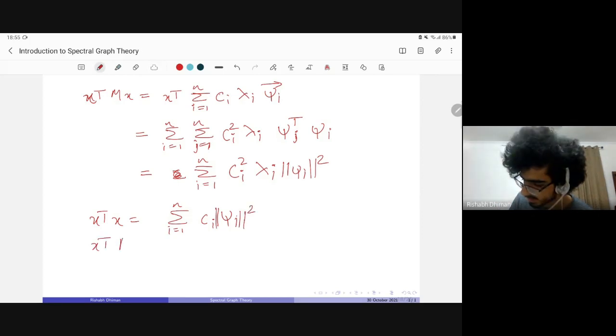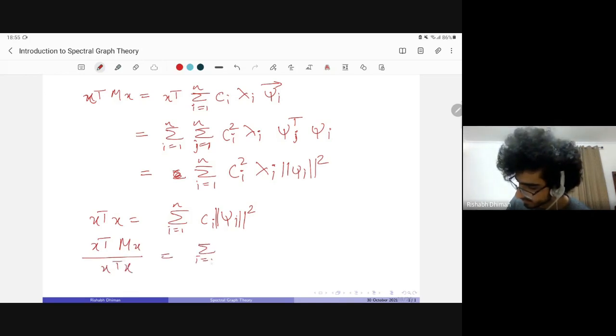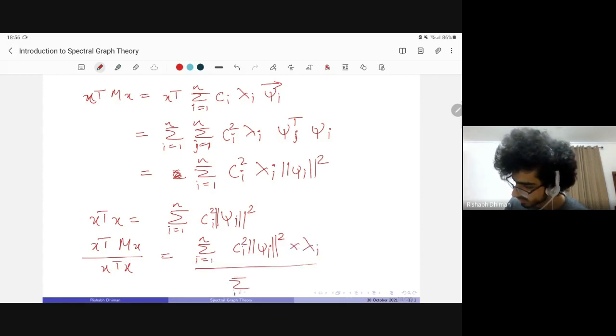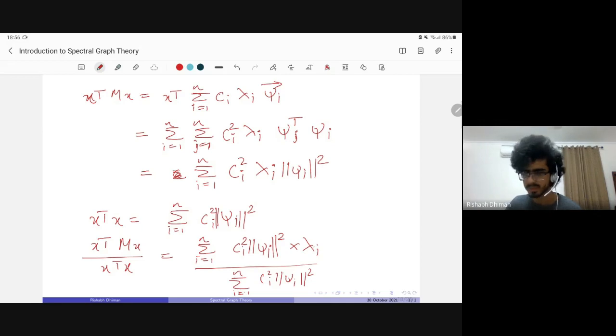So this entire thing is the summation of c_i squared times lambda_i over the summation of c_i squared, and what you notice is this is just a weighted mean. So this will be minimized for the minimum eigenvalue.